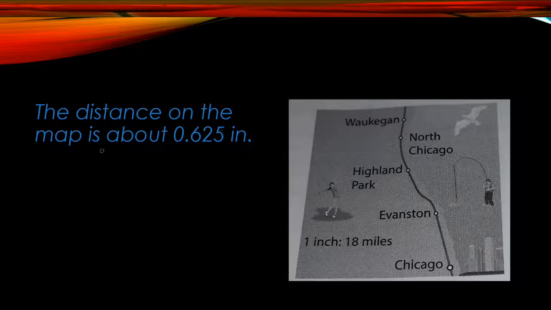So the distance on the map from Chicago to Evanston is about 0.625 inches for this special map.